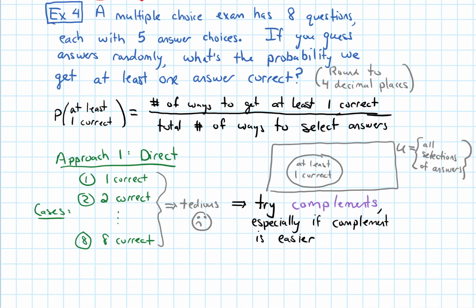Okay, so I'm going to call my set, the circle in here, that at least one correct, I'm going to call this A. So then what would A complement be? Well, if I don't get at least one answer choice correct, that would mean that we have no answers correct. That's what the complement is. All the different ways to select answers where we get no answers correct.